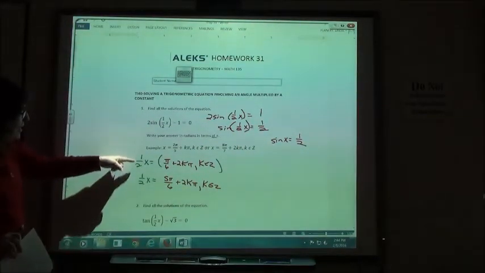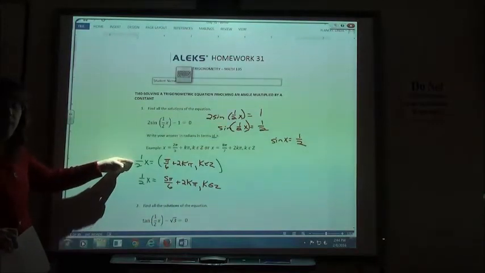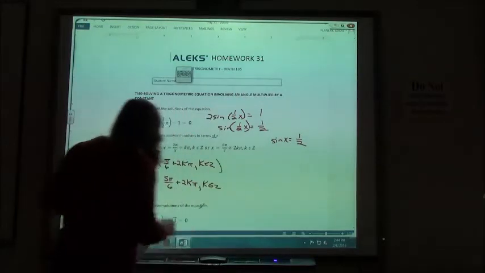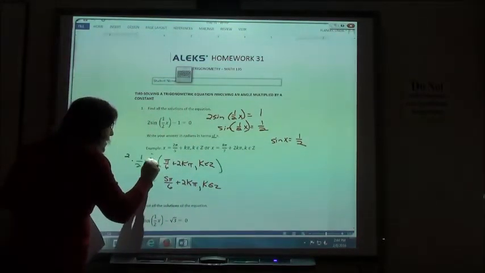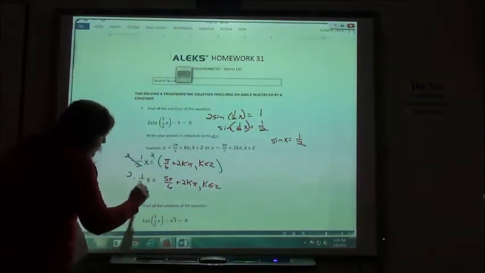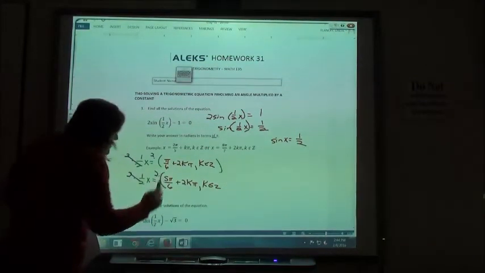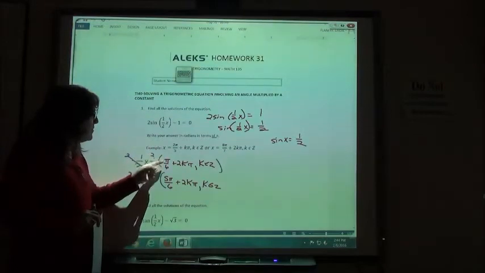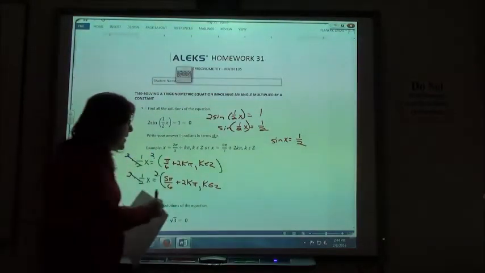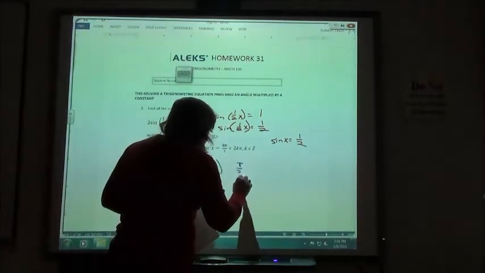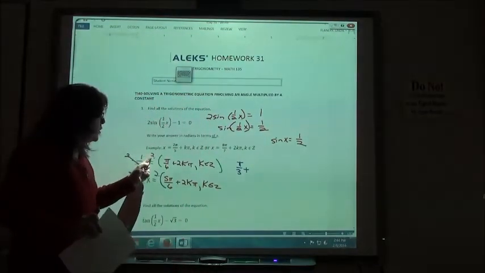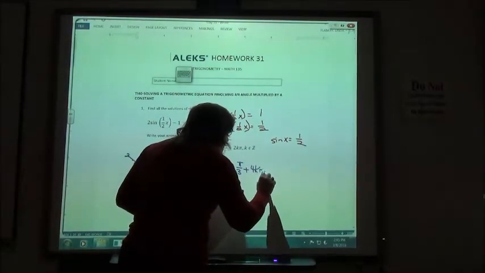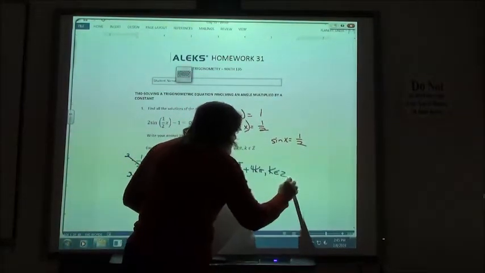And so what we need to do to solve these is multiply by the 2 to get the x by itself. So we're going to times 2, same thing down here, times by our 2. So when we times by 2, 2 times pi/6 would be pi/3, plus 2 times 2k pi would be 4k pi, with k being an element of z.